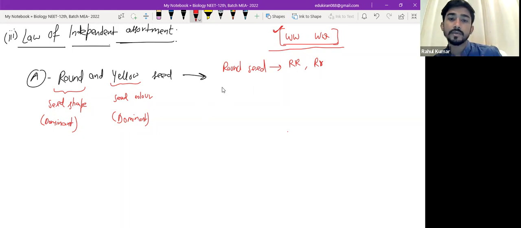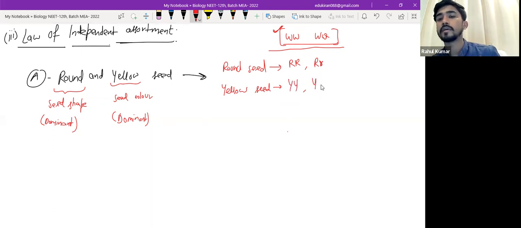What are the possible genotypes for yellow seed? Take Y. Capital Y, right? Or capital Y, small y, correct? Yes or no?